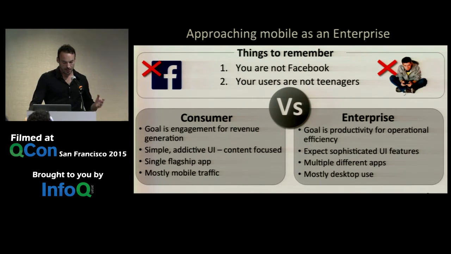The other difference is just the goals and the user behaviors between consumer and enterprise. So for consumer applications, they need to be very, very simplified. The focus is on engagement. In the enterprise, your focus is on productivity, not engagement. So you actually need a lot of productivity features in there rather than a super simplified UI. You want a simple UI for usability reasons, but you need more capabilities to allow people to get their work done.